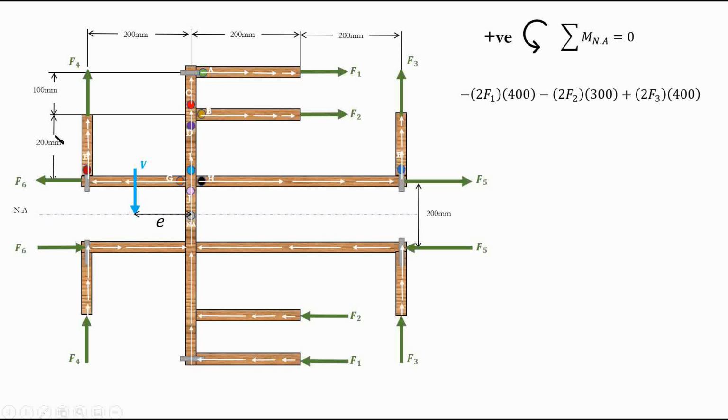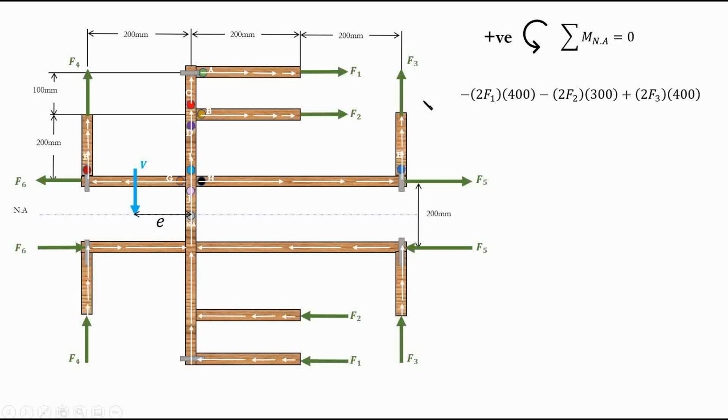What is the distance? 200 plus 100, so 300, again multiplied by 2 because we have two forces. Basically F2 multiplied by 300 plus F2 multiplied by 300, which is the same thing.